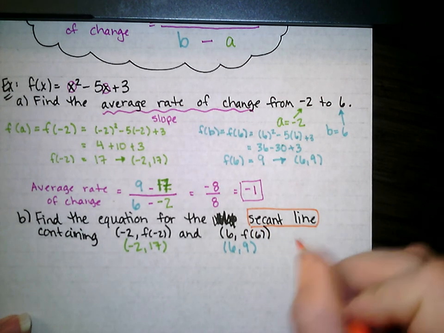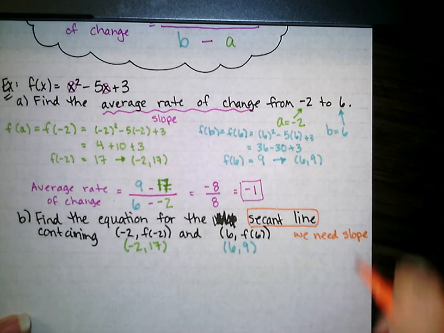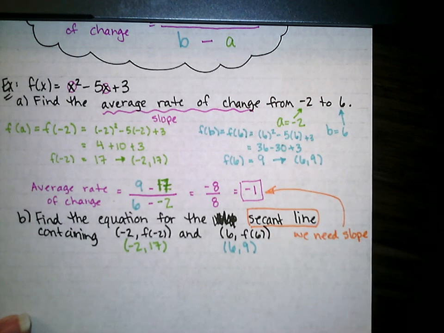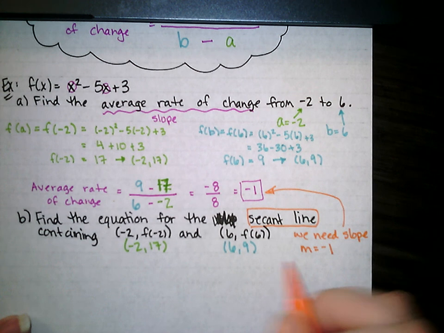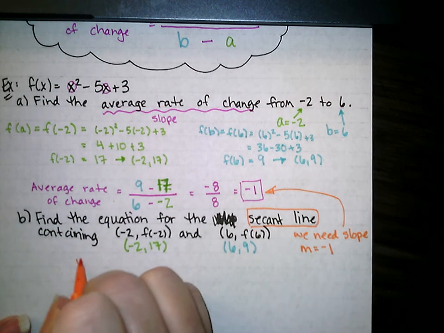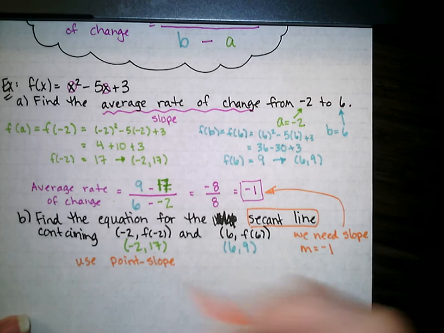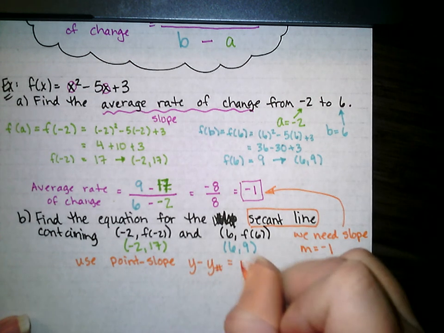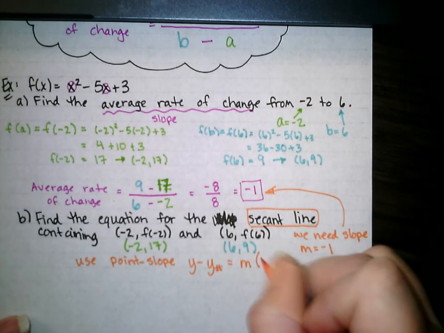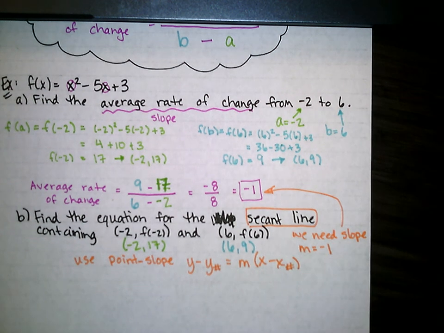So we need to know the slope, which we just found. So the slope is -1. And then we can use point slope form. So point slope equation, remember, was y minus the y ordered pair equals the slope times x minus the x coordinate. And we just choose either one of those points. It doesn't matter which one we pick.